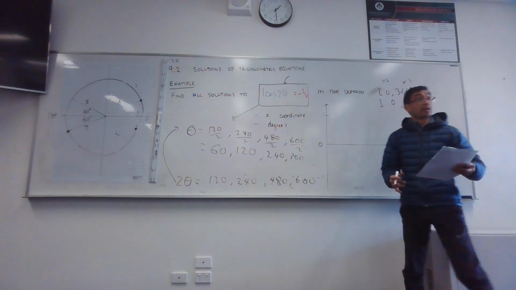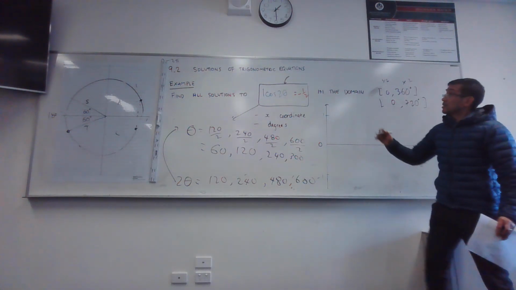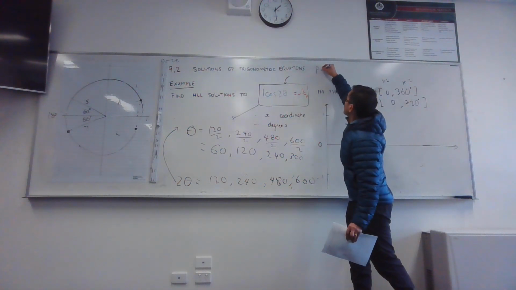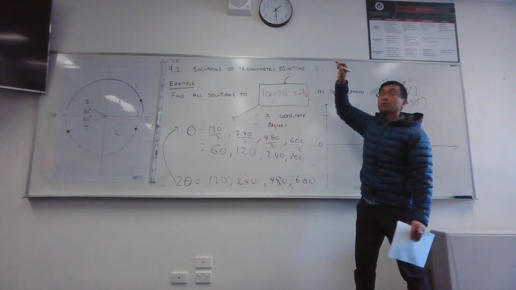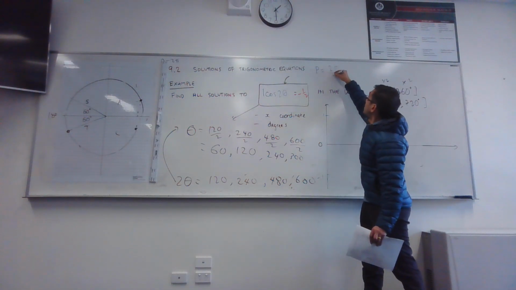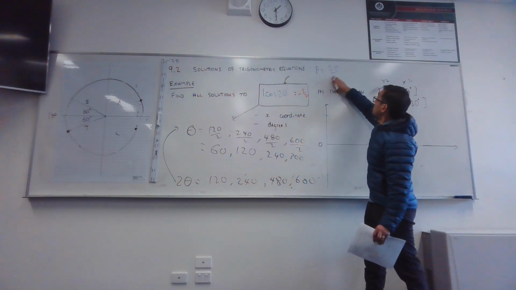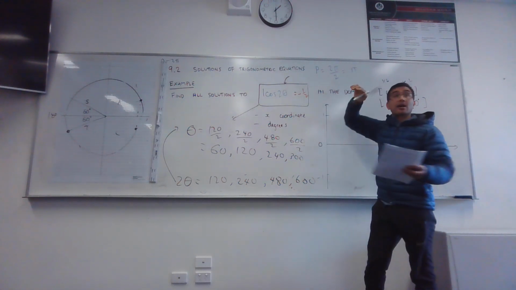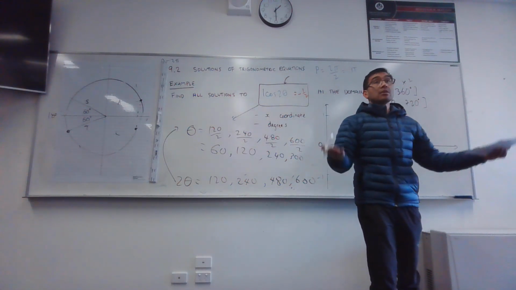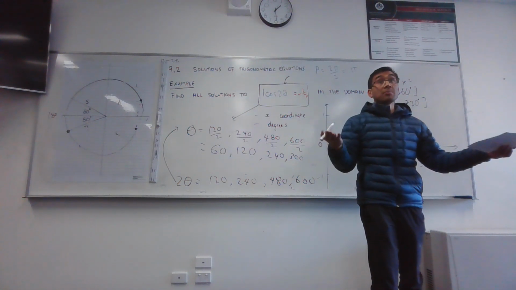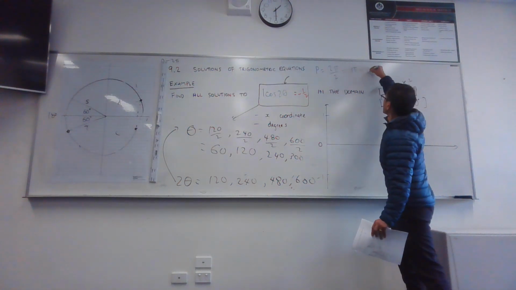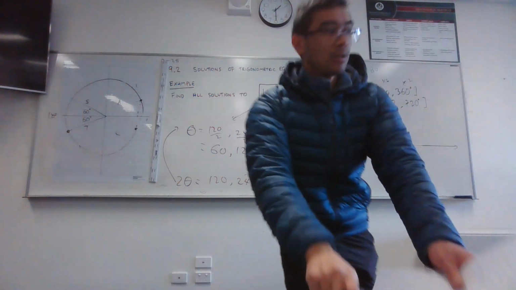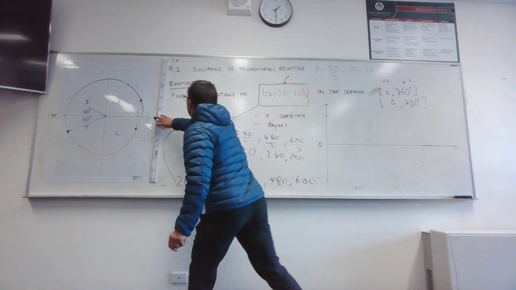Now, let's look at, as Tim just mentioned, the period. Period is what over what? 2 pi on n. And this n is a 2, so period of pi. But don't forget this question's in degrees. So period of 180.